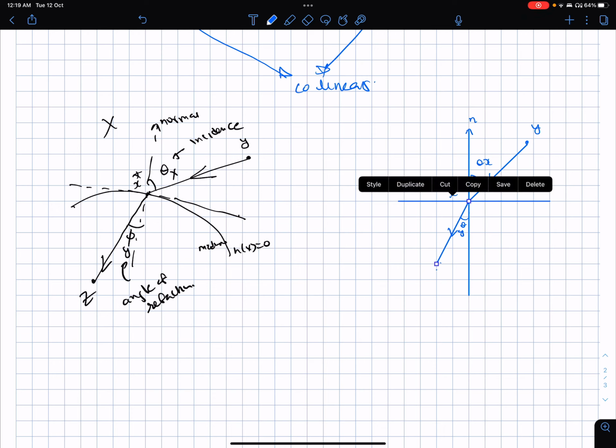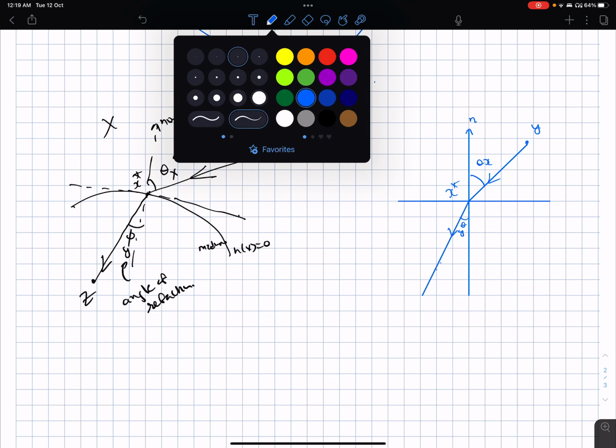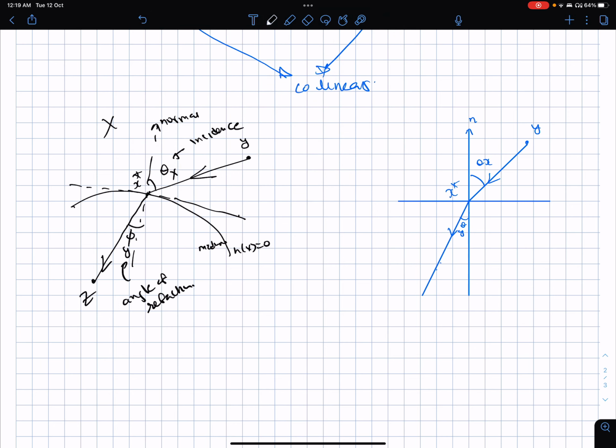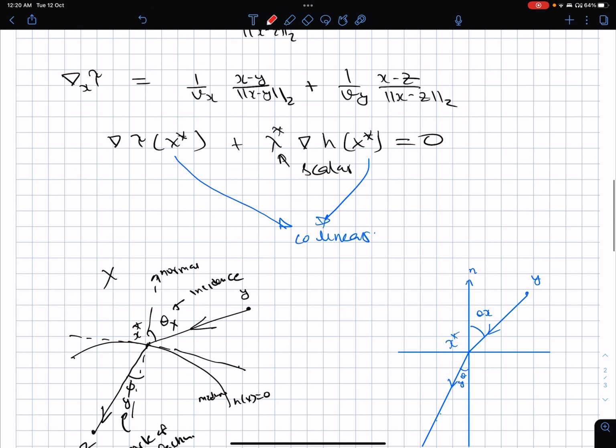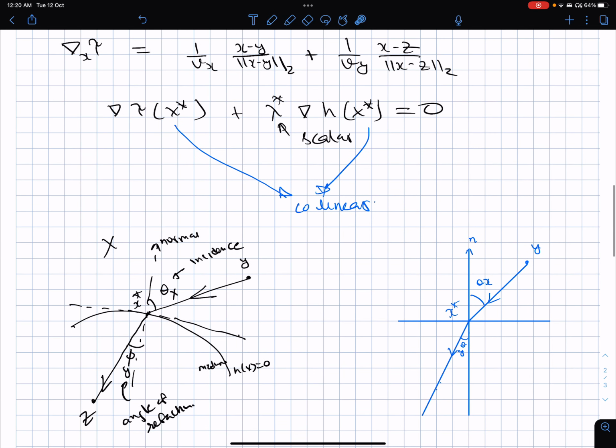Now what we are going to do is we will mark these gradient vectors on this. This one is the unit vector in the direction x minus y.